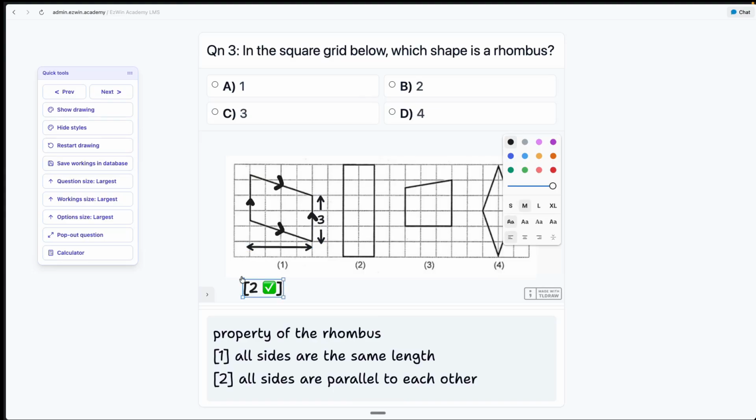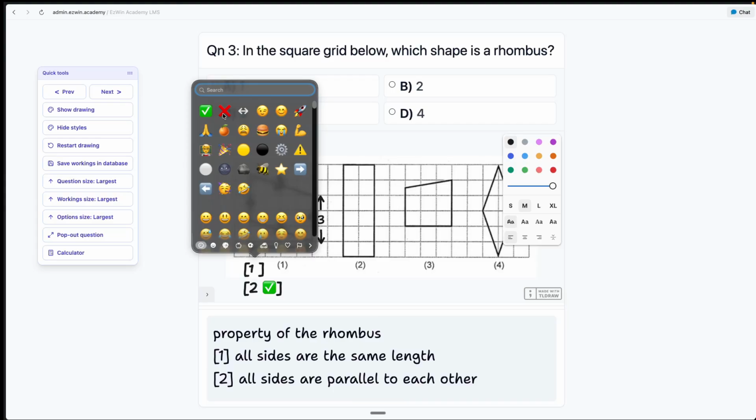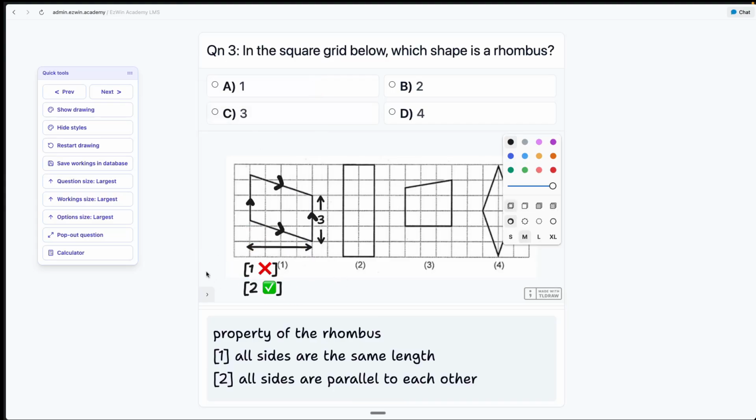Probably is. So in option number 1, all sides are not the same length. So 2 is yes, but sadly 1 is not, so it's not the correct answer. Let's move on to number 2.